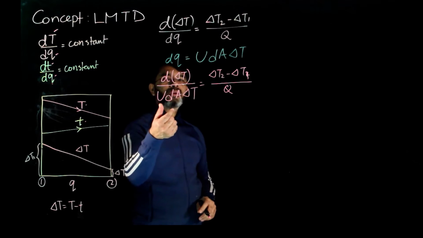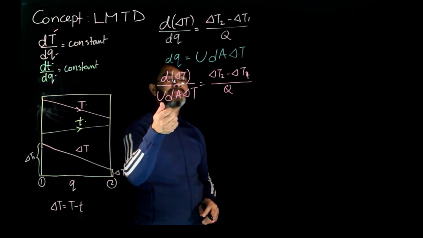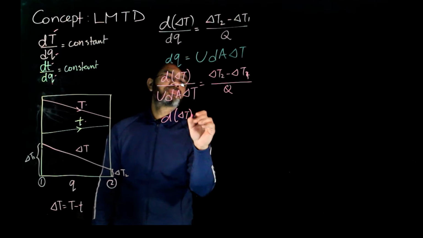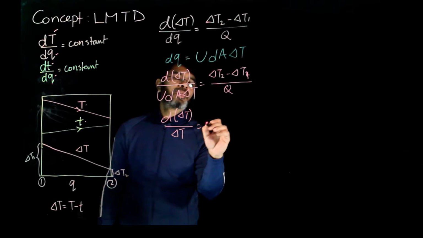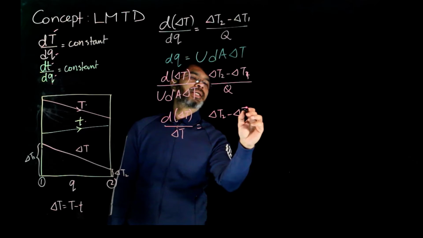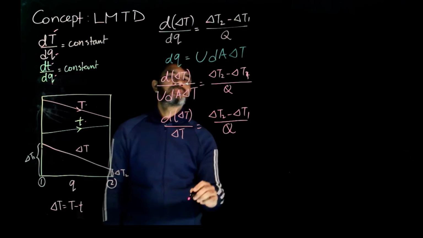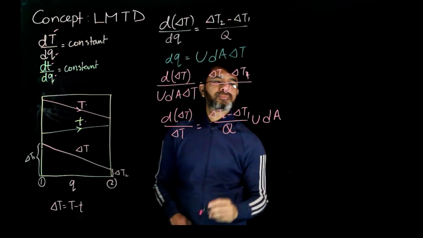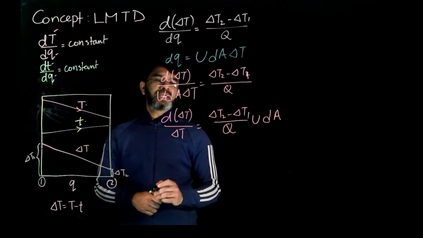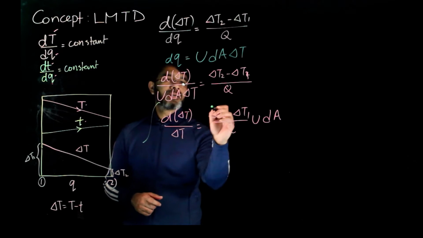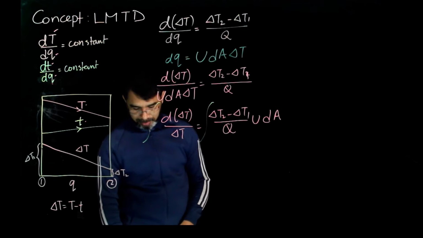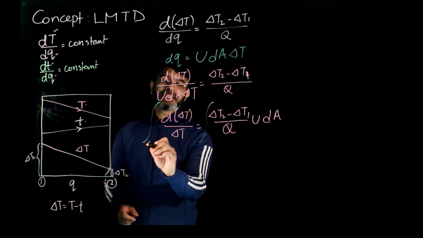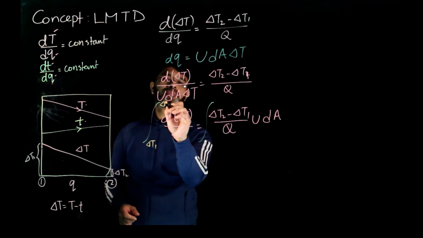Now using the assumption that U is constant, meaning it's not a function of delta T, we can write d delta T over delta T equals delta T2 minus delta T1 over Q times U dA. Now we integrate this equation over the limits. What would be the limits here? If we integrate from one end to the other, delta T goes from delta T1 to delta T2.